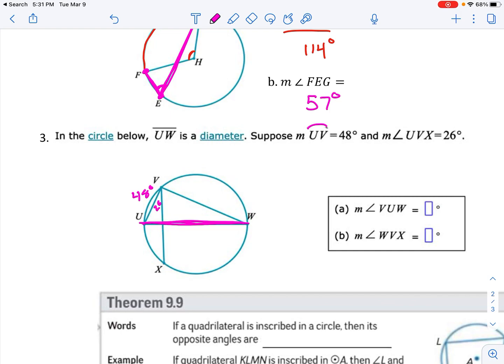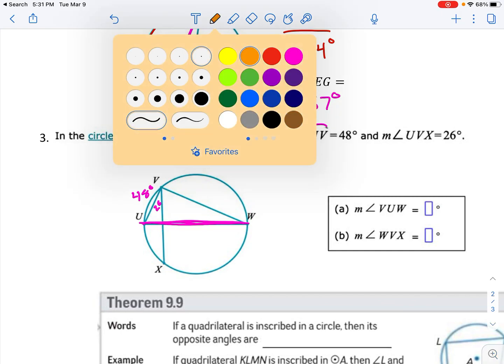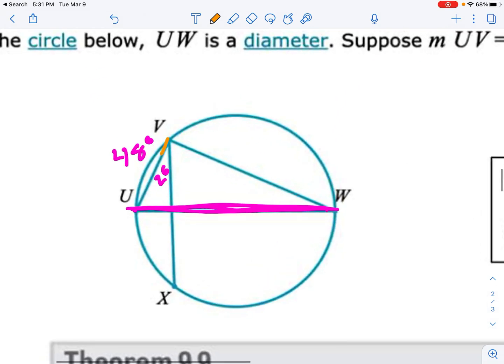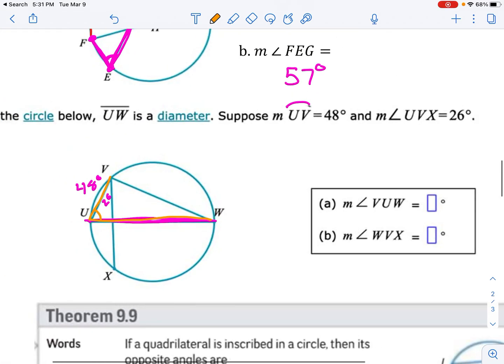We are trying to find angle VUW. That angle right here is one of the ones that we're trying to find, right? So to do that, basically what I need to figure out is what this is.